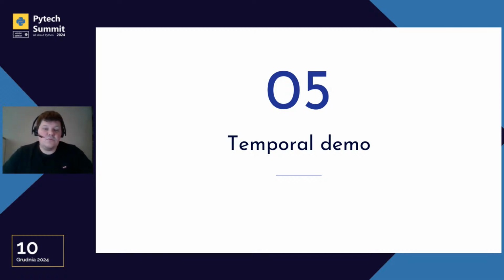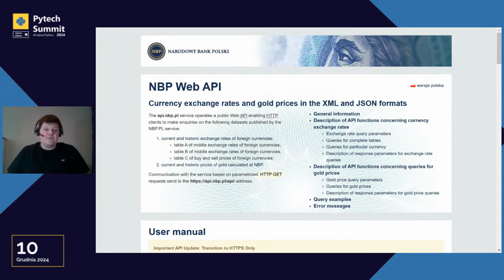Let's go to the Temporal demo, and I will show how it works and how the Python code looks. After the demo, we will go back to the slides again, and we will have a Q&A session too. I will address all questions from the chat. In our demo, I will use the NBP API, National Bank of Poland, or in Polish, Narodowy Bank Polski. The main idea is that we can check the currency exchange rate for currencies like the US dollar.